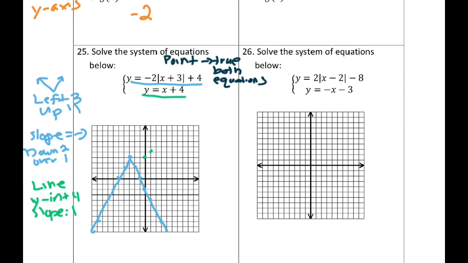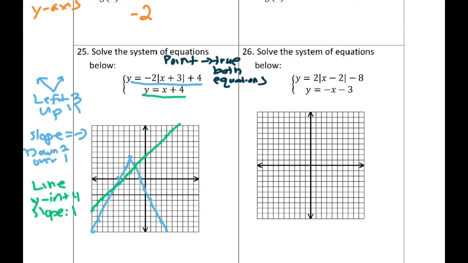So I go up 1 over 1, up 1 over 1. And I can also go the other way. And we can see from here where our graph intersects.